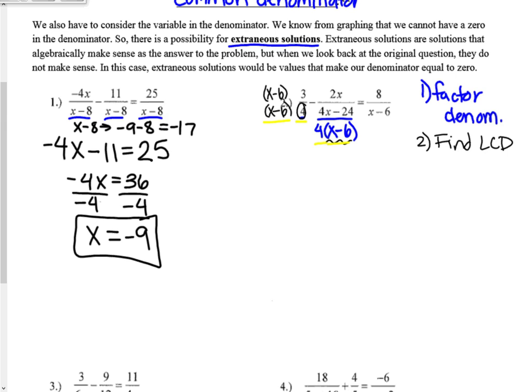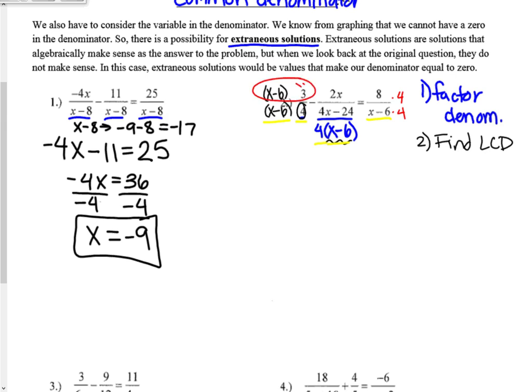So those two have a common denominator, but I want everything to have a common denominator. My third fraction has x minus 6, but it's missing the 4, so I'm going to multiply the top and the bottom here by 4. When you do this, there's a couple things we need to remember. Up top here, I have 3 times x minus 6.